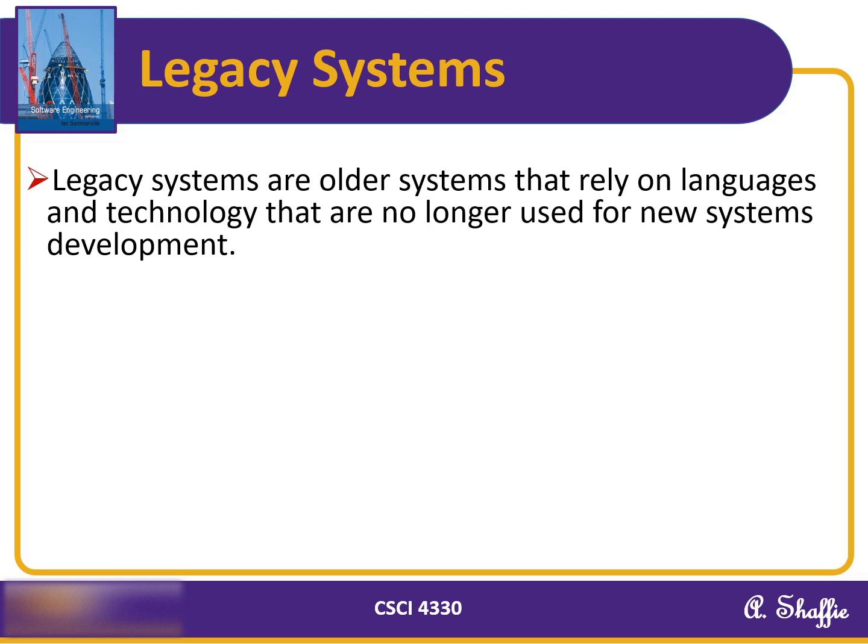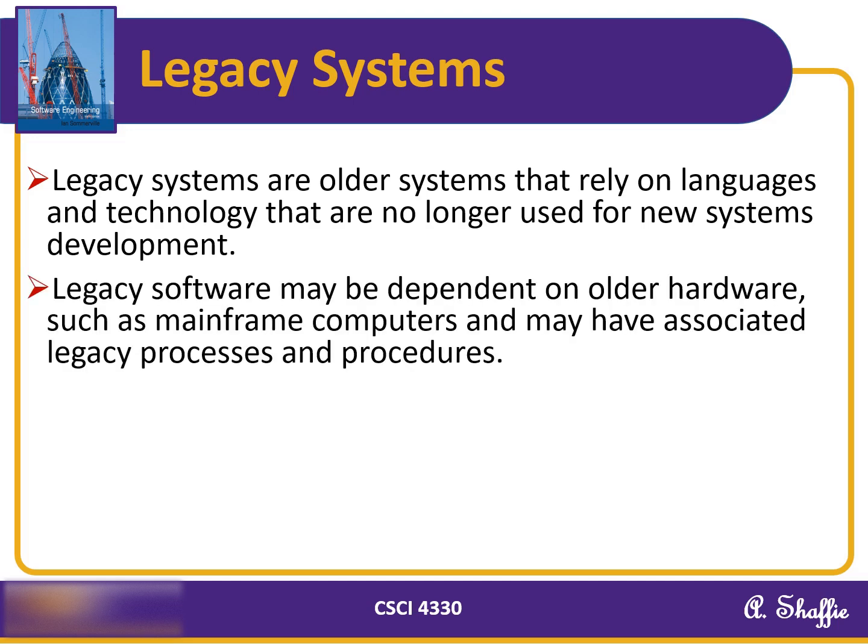People replaced it with Python or Java, and I'm sure that even most of you didn't hear the names of these old programming languages. These systems are often dependent on older hardware, such as mainframe computers, and come with associated legacy processes and procedures that were designed to support the original system environment.